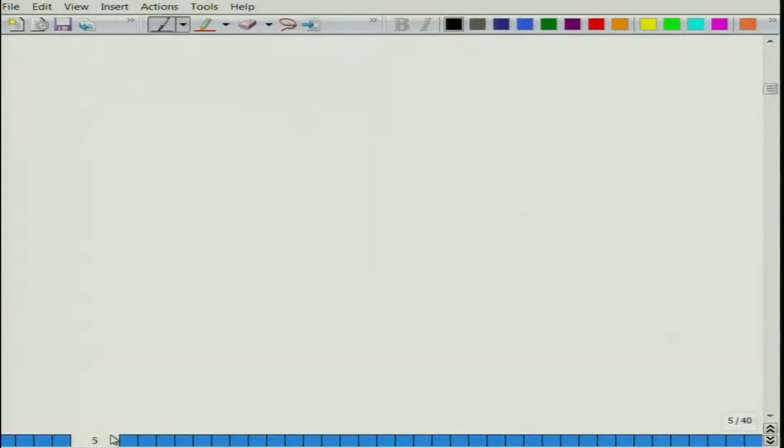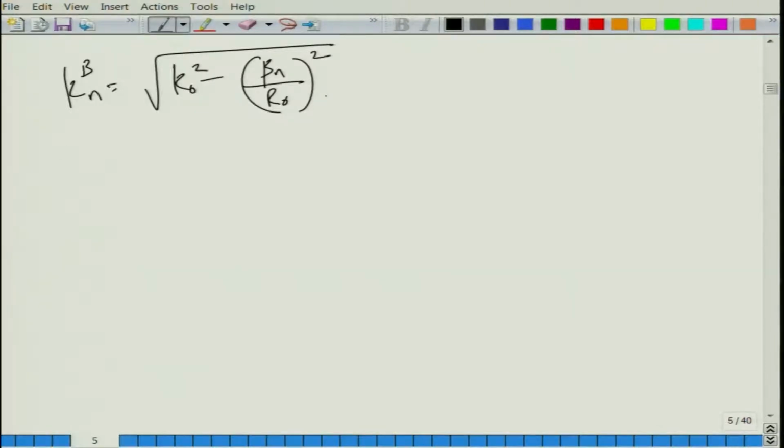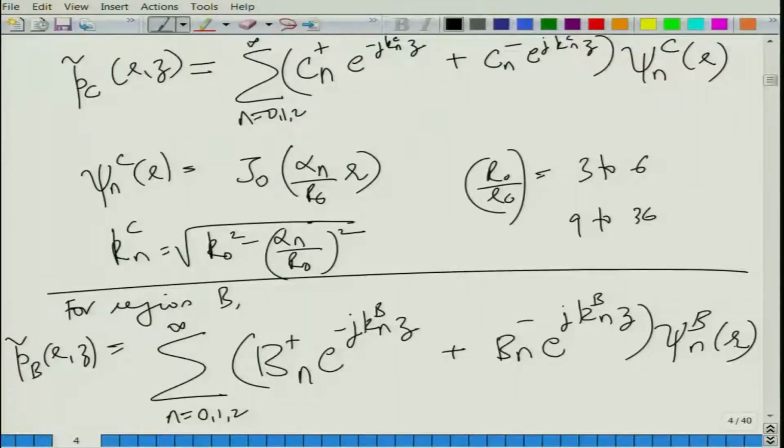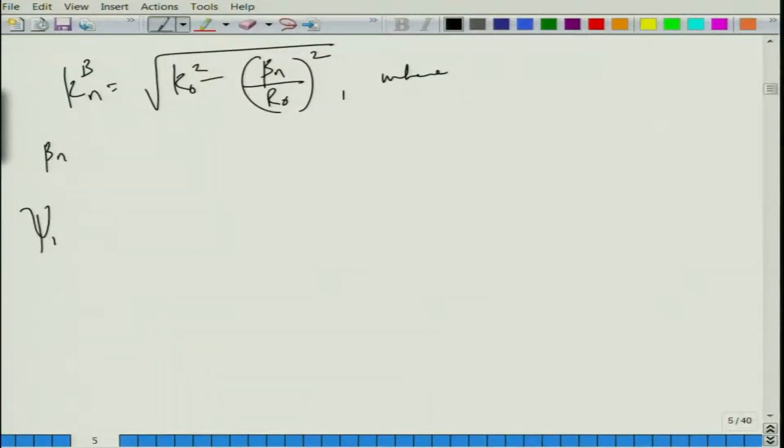Where k_pn is this thing, where beta n, again we have only axisymmetric modes in the annular cavity as well, and your xi_nb function, let me write down this guy first. So, this is nothing but your Bessel function, this thing where this is beta n r by R naught, okay.